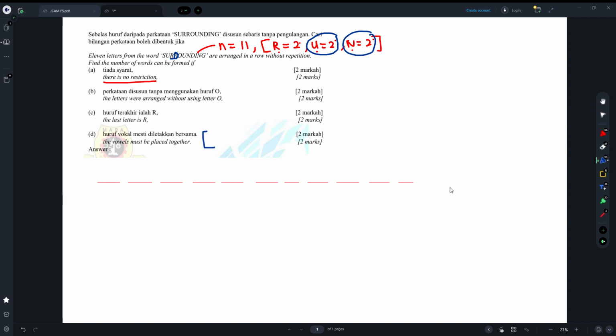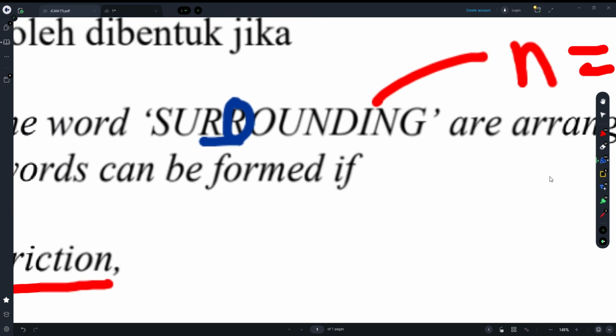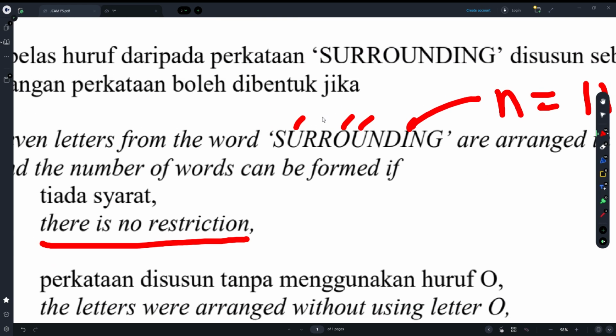If you go and check the word, U is a vowel, O is a vowel, again U is a vowel, and then I is a vowel. Is there any other vowel? I don't think so. These are the 4 vowels. Let us zoom into the word and check again. Did I leave out anything? No. This is a vowel, this is a vowel, this is a vowel, this is a vowel. Yes, we have only 4 vowels.